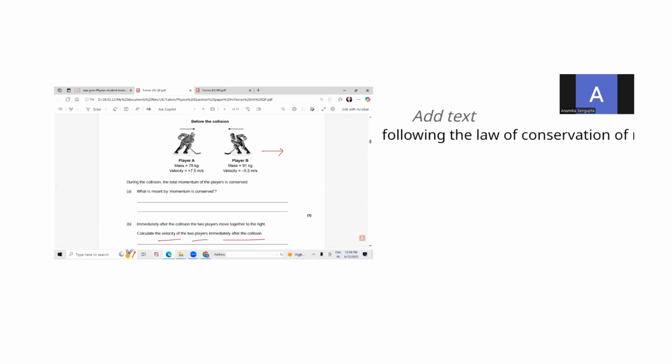So how can we calculate that? The total momentum is going to be the momentum of player 1, which is m1 multiplied by v1. You need to be very careful about the units that have been provided. If the proper units are not there, then you need to convert the unit and then go ahead to solve this. And the momentum of player 2 is going to be m2 into v2. So this is my total momentum before collision.